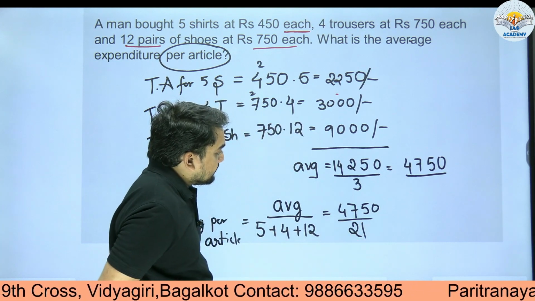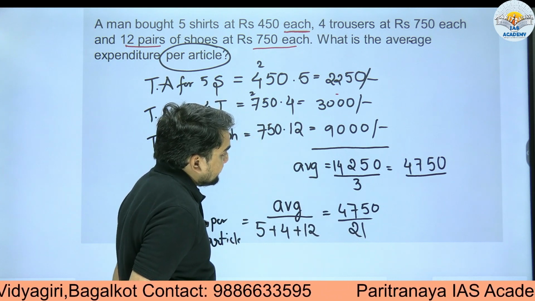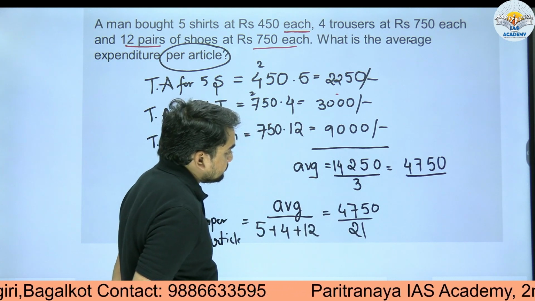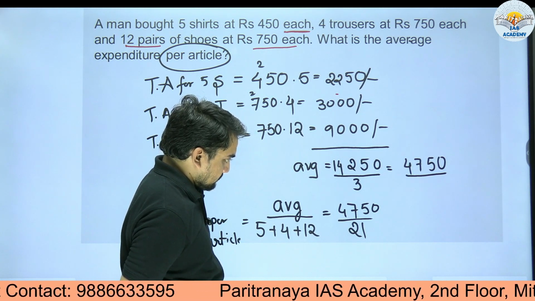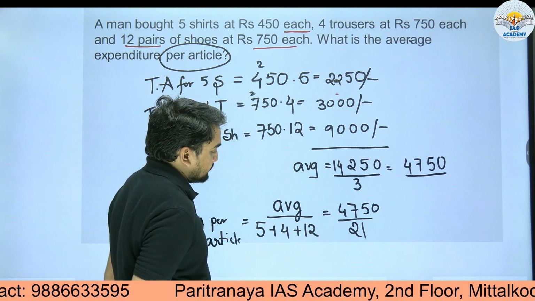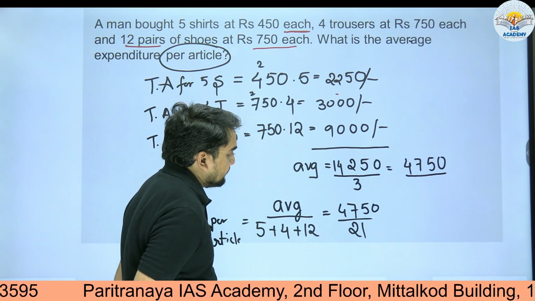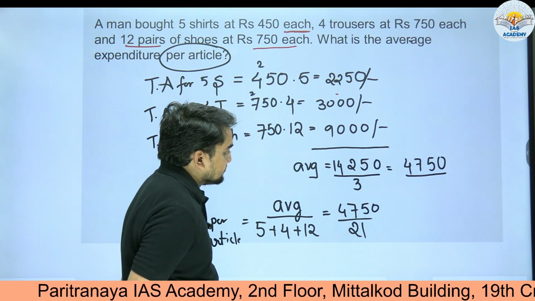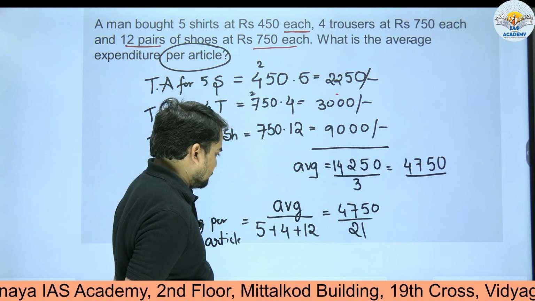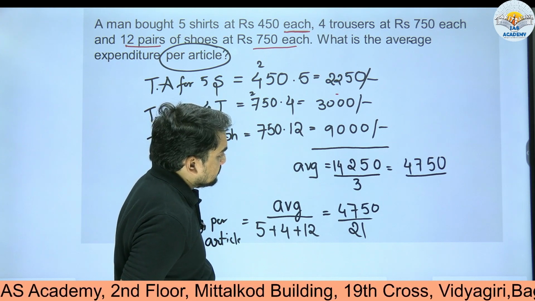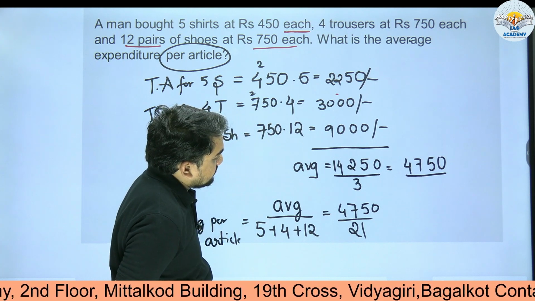Is it divisible by 21? 21 twos are 42 and the remaining is 55. 21 threes are 63, so only 42 will come. 55 minus 42. It's not divisible.